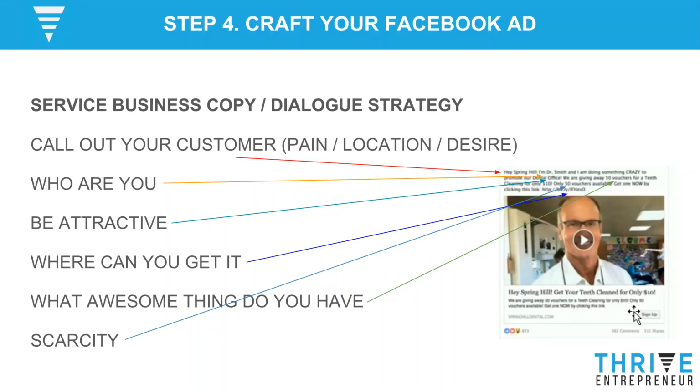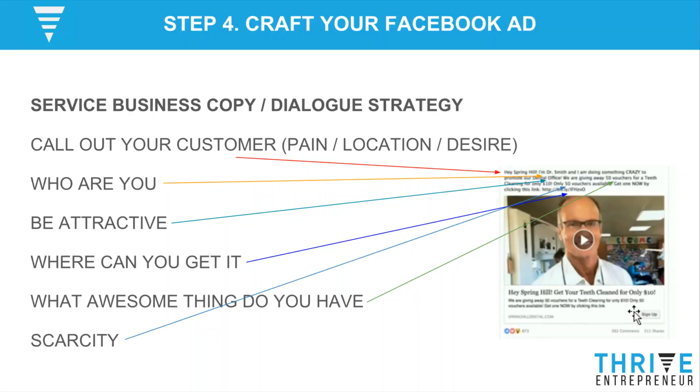So you're creating a dialogue, like, hey, I'm Dr. Smith. I'm doing something crazy to promote my dental office. Now, what sort of dentists say crazy? Not many. So they're showing some personality there. The first thing you're doing is calling out your customer. You can call them out through pain, location, or desire.